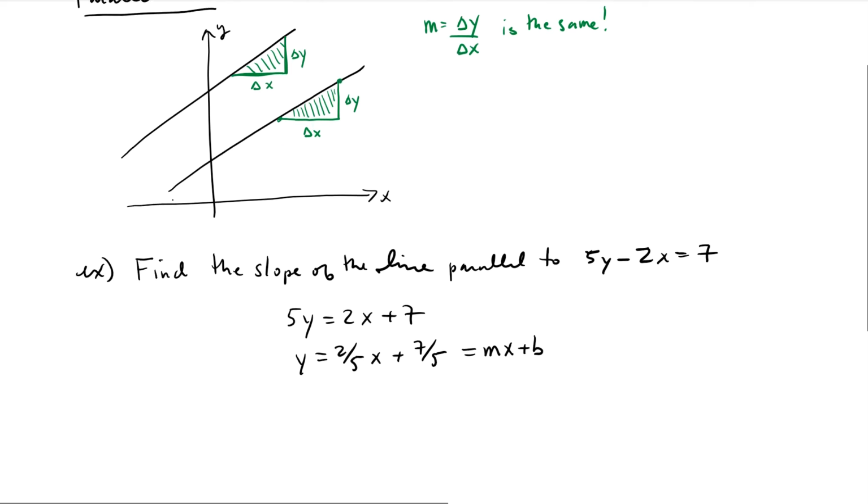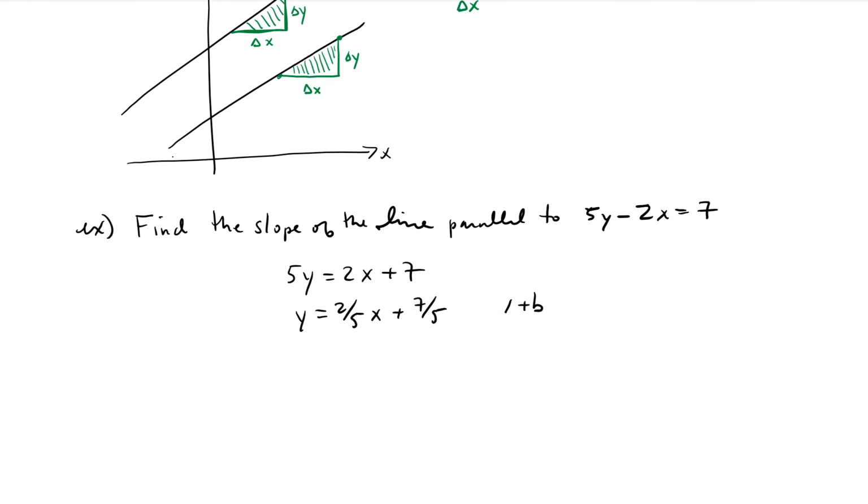Now it's in the form mx plus b, so this is slope intercept form. I don't care so much about the intercept as I do care about the slope. So this is my slope here. I wrote find the slope of the line, but I meant the slope of a line.